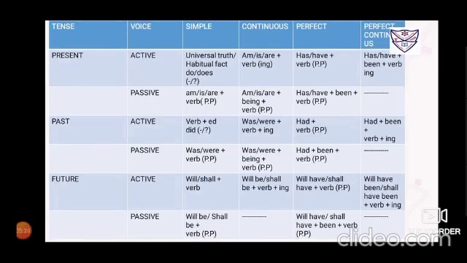Let us go to the vertical form. In the vertical form, you will have the 3 main kinds of tenses: the present, the past, and the future tense. The next row will be of voice. As we have already learned, there are 2 kinds of voice: active voice and passive voice. As we all know, these 3 main tenses have 4 different forms, so 3 fours are 12.